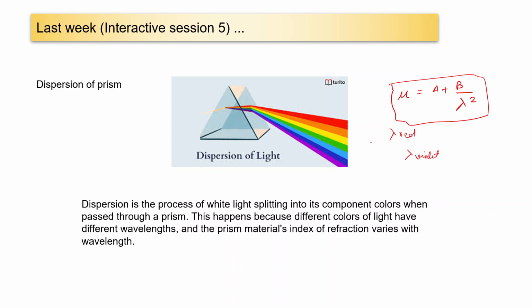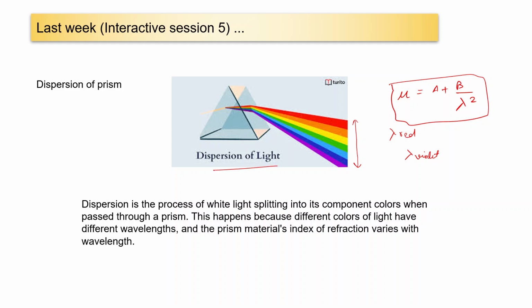Because of this, the bending or dispersion of these different wavelengths of light passing through the glass prism is different, and that's why the spread of white light is seen as these 7 distinct lights. This is called dispersion.